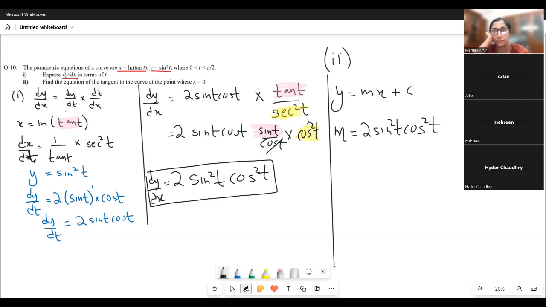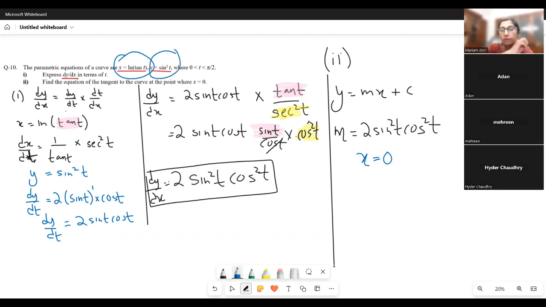We're given x is equal to 0. We haven't been told t; we are only told that x is 0. Substitute this x equals 0 here to find t, and then substitute that t to find y. So x equals natural log tan t. Okay, so 0 equals ln tan t.